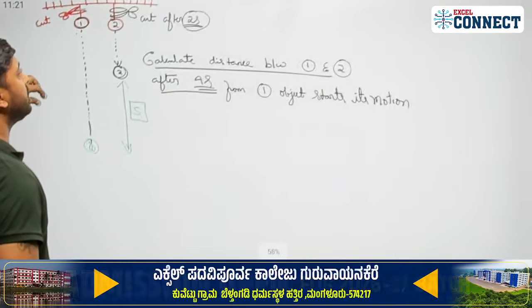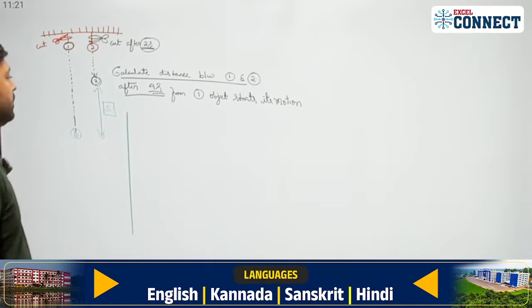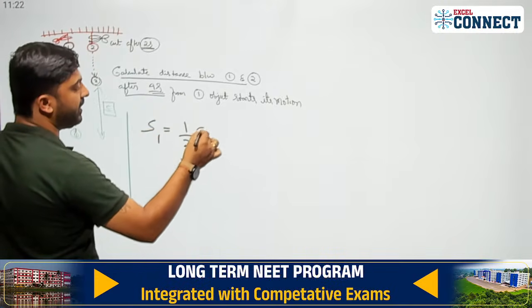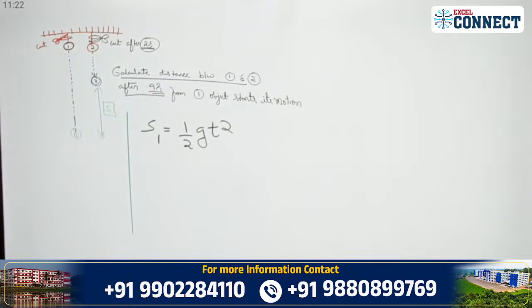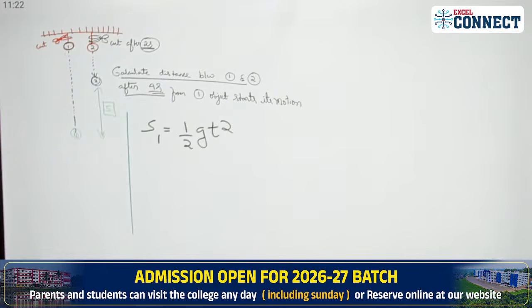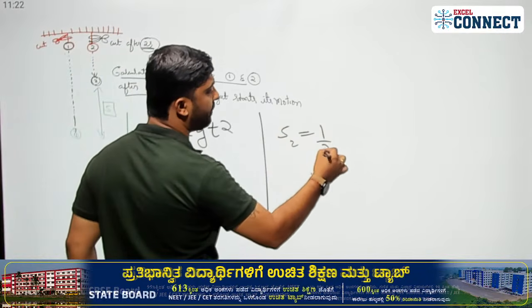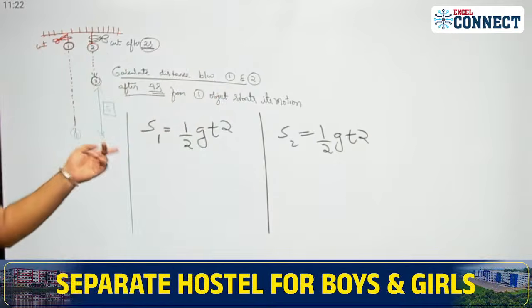Okay, how to solve this? This can be solved by using equations. So, what is the distance traveled by the first object? The formula is half g t square, right? Distance traveled by the first object is half g t square. Distance traveled by the second object is also half g t square. Now, the thing is whether the time is the same.